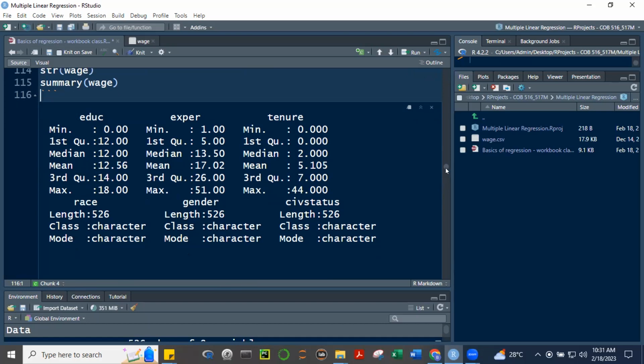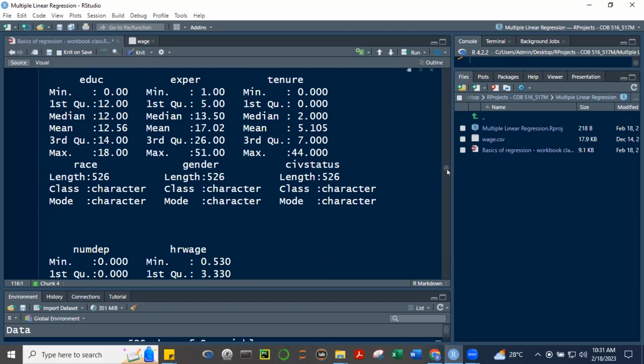And then sa mga characters, depende kung anong klaseng character. Pag simple lang na character, it will just give us the count, yung length niya. Ang length dito, ibig sabihin kung ilan observations. So hindi sa atin binibigay yung frequency, yung distribution ng kunwari gender class, male, female. It does not tell us kung ilan yung male at saka yung female. Okay? Kailan lang mangyayari yun?